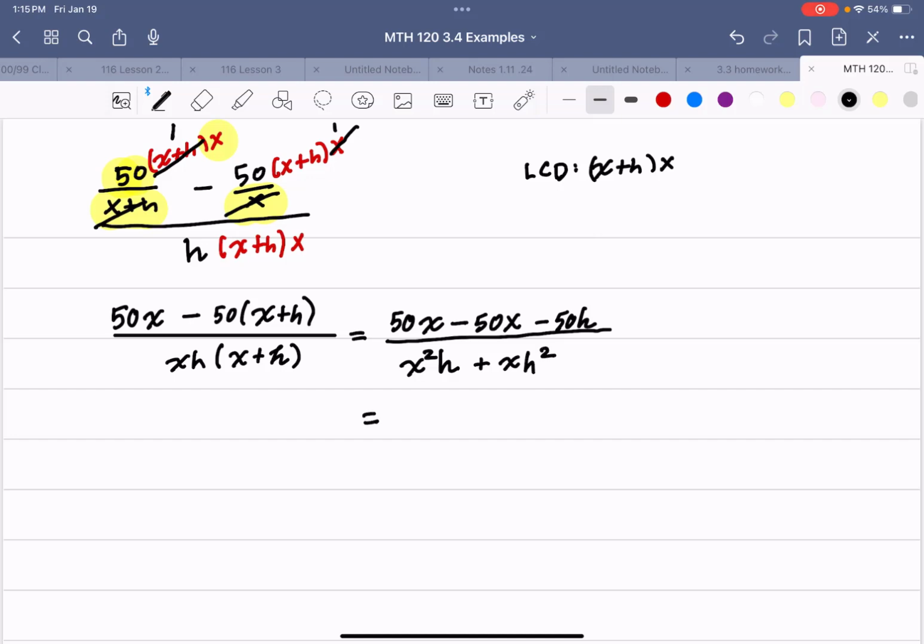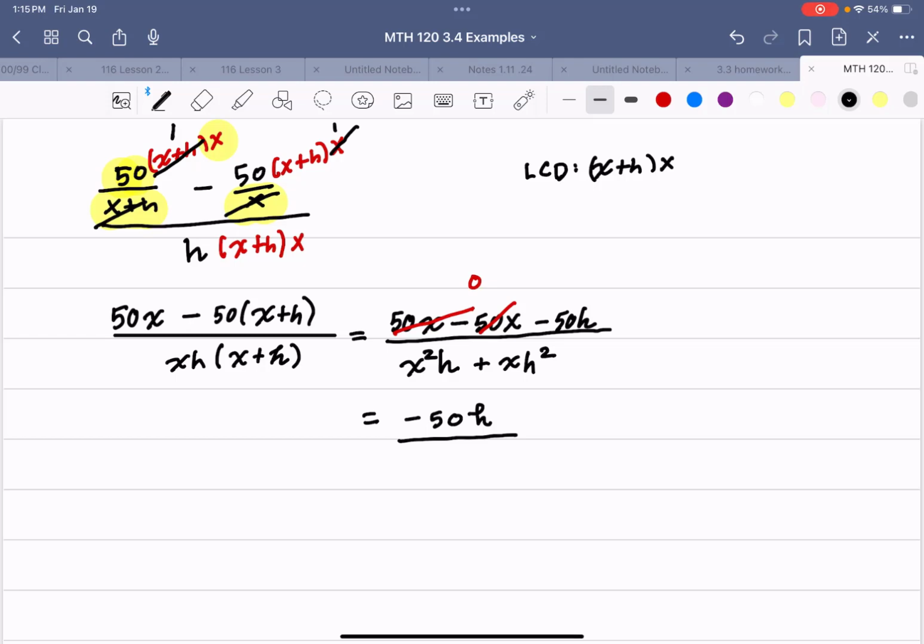Now in my numerator, the 50x's are going to reduce out to 0 because those add to 0. I'll be left with a minus 50h over, and I notice that there are some common factors in this denominator.